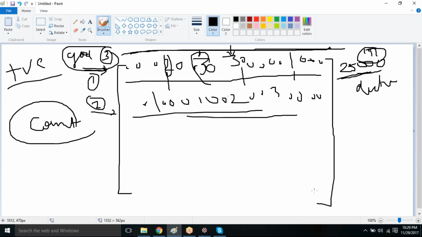This whole matrix will be 1,000 files into 25,000. The 25,000 is nothing but the whole dictionary, the indexes of the dictionary, and wherever the word is coming, you are flagging how many times it has come in that particular file. So one row indicates one file.